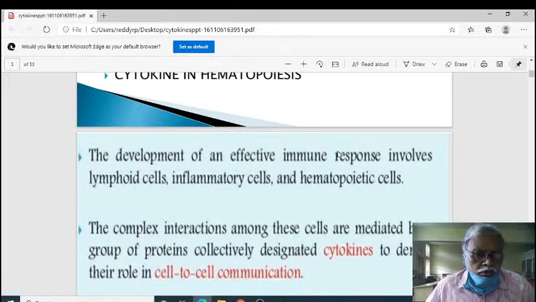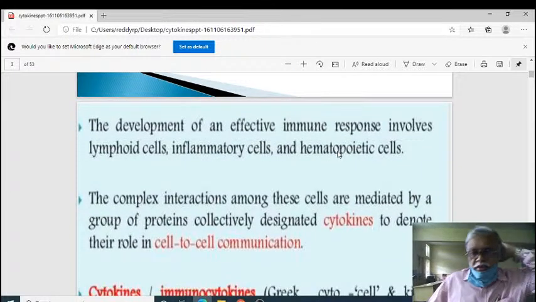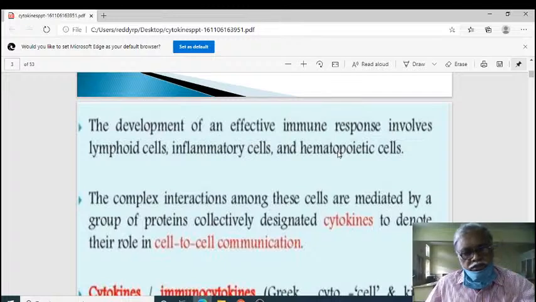So these are the components which we study. It's a common question that is asked, but it's a bit tough subject.